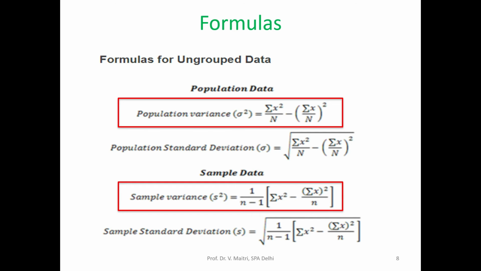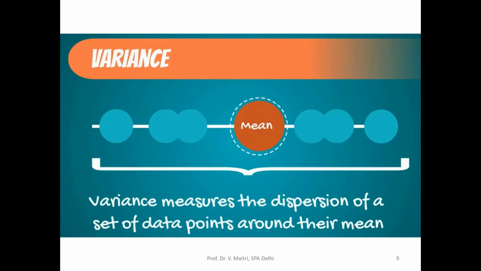If you see the formula of population mean and sample mean, it is the same, capital N for the population and small n for the sample. That is the difference. But here it is n-1, which means one observation is deducted. So what is its impact? That we are going to see.